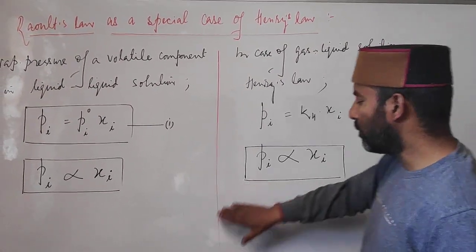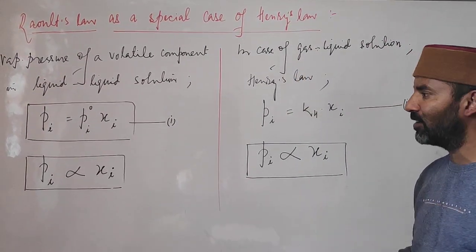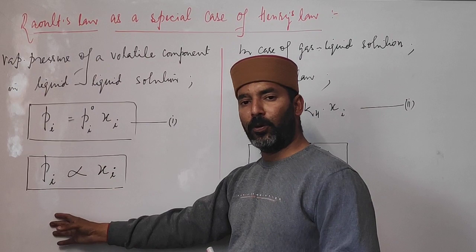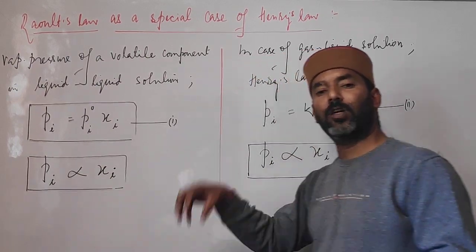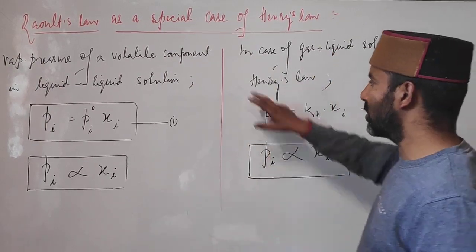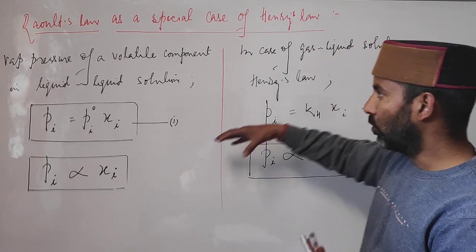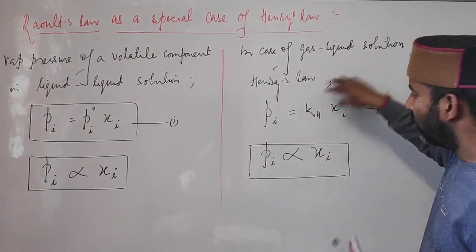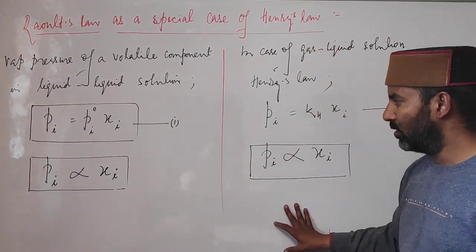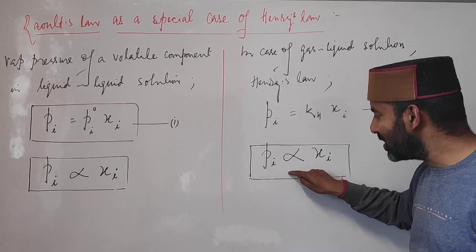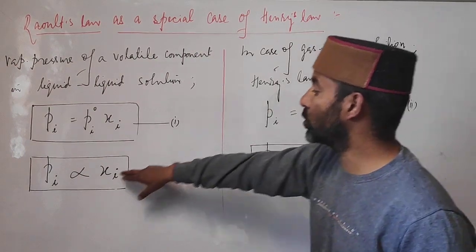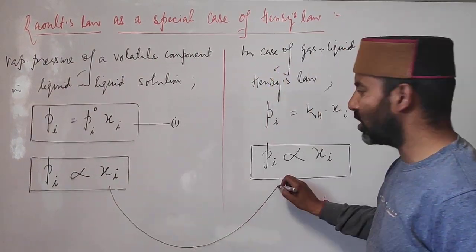Now when we compare these two statements, we find that in case of a volatile component, the partial pressure of that component is directly proportional to the mole fraction of the component in solution, whether it is Raoult's law or Henry's law. That means Raoult's law is a special case of Henry's law.